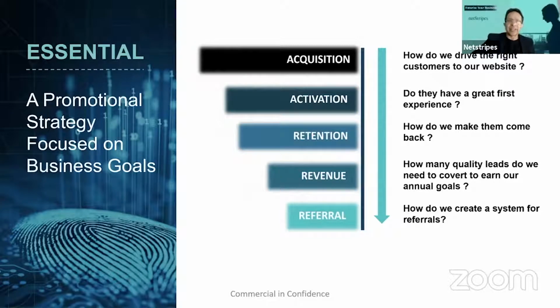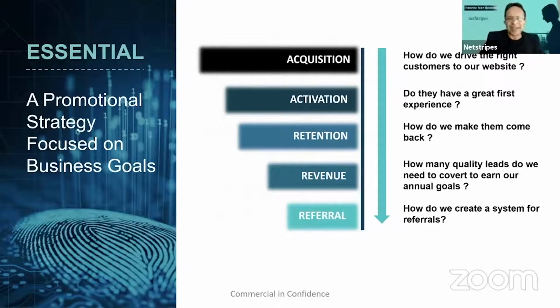So the first question to ask is, how do we drive the right customers to our website? Activation is when they come to our website, do they have a great first experience? Okay, so we drive traffic, so we've covered that. How do we make them come back? Now, as you know, most of us, when we go to a website for the first time, we don't buy from them. We always like to go and check the competition, check our options, and then maybe we return.